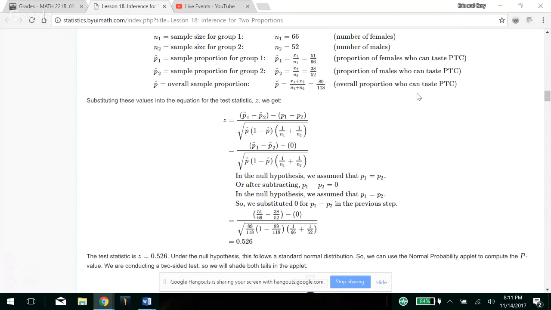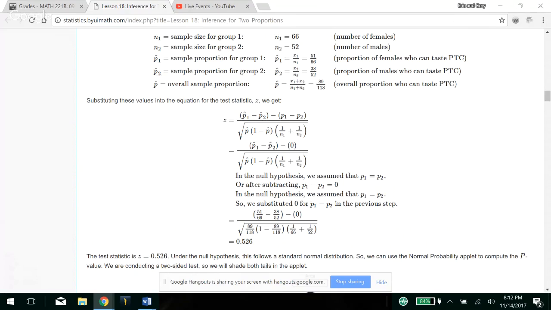And that's the overall proportion. That makes sense. So if you're using two categories like males and females, you add their counts together and then divide by the total sample size. Yeah. Cool.